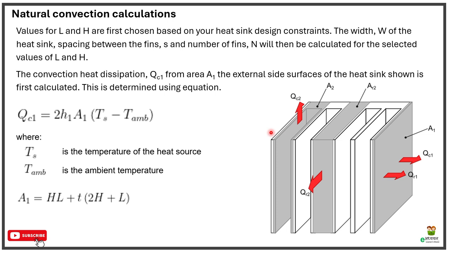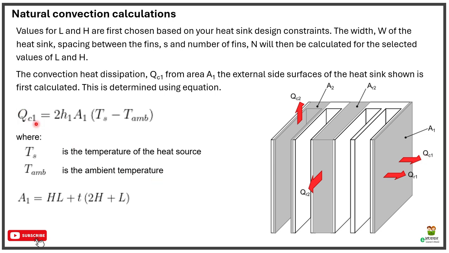So the convection heat dissipation QC1 from area A1, the external side surface of the heatsink, is shown. So here you can see the QC1. This is the side area from which the natural convection will happen. So here there will be a heat transfer QC1 from the side surface of the heat sink.